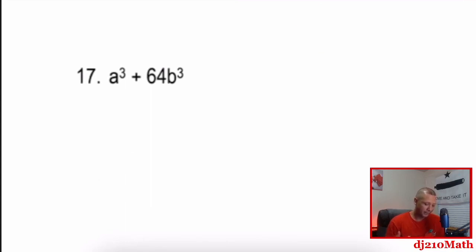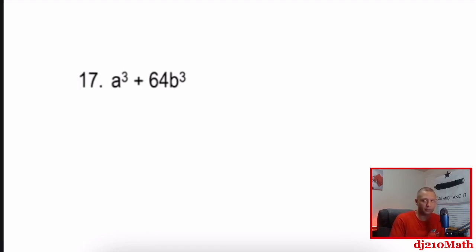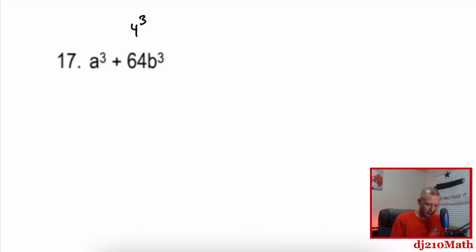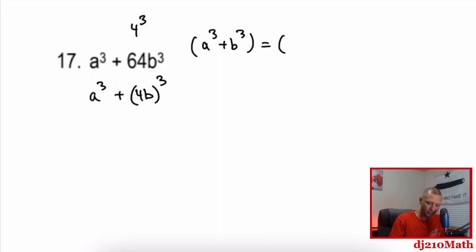Right here, a cubed, b cubed, 64 is really 4 cubed. So we can definitely make something happen here. So this is going to be a cubed plus 4b cubed. The rule, when you have a cubed plus b cubed, I want to say plus minus plus is what I teach, right? Plus minus plus.